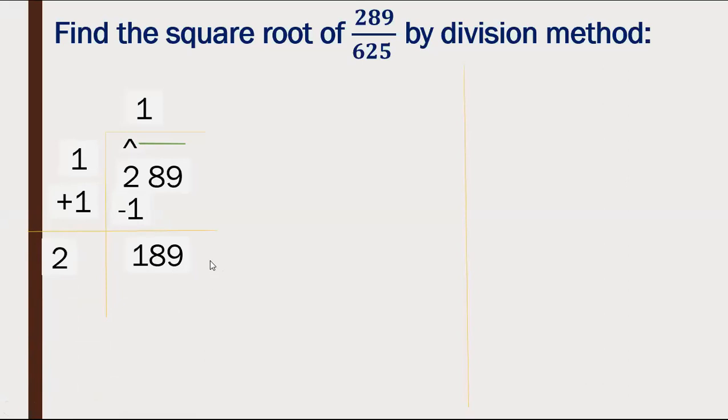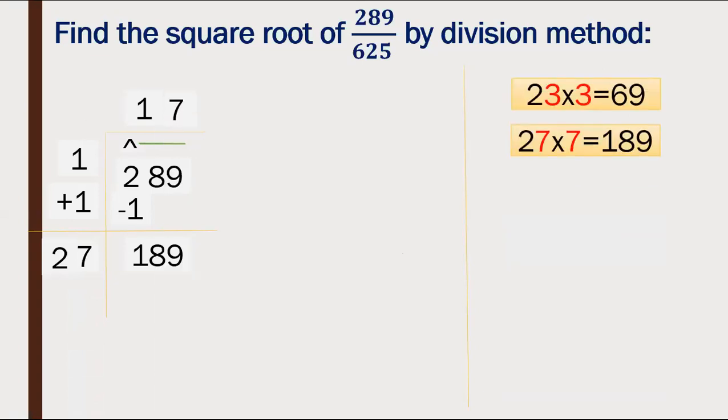So what will be the next number? 2 dash is multiplied with what number to get 189? We can take either 3 or we can take 7. So you are saying that we can take 7 here. Absolutely correct. We can take 7 here because 27 sevens are 189 and 23 threes are 69.